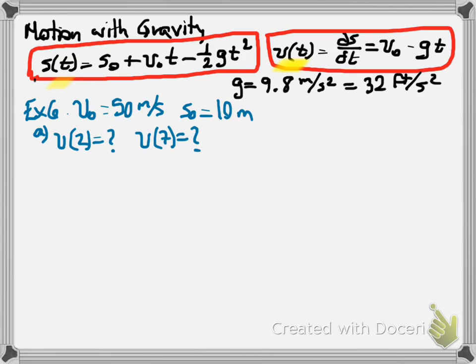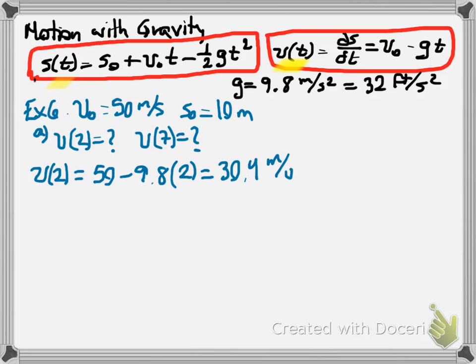Okay, we have it. The velocity at 2 will be the derivative of position, which is the initial velocity, 50, minus gravity, 9.8, times the time, which is 2. All this equals 30.4 meters per second.